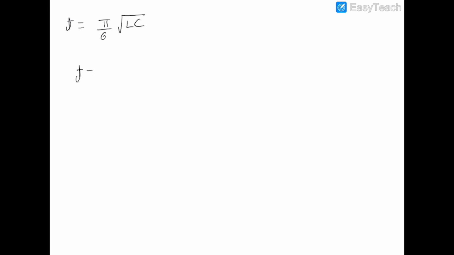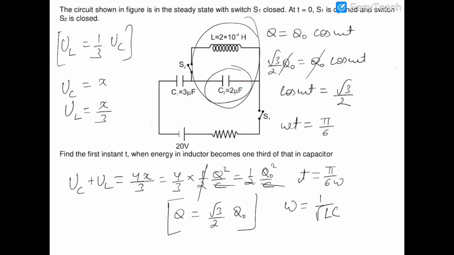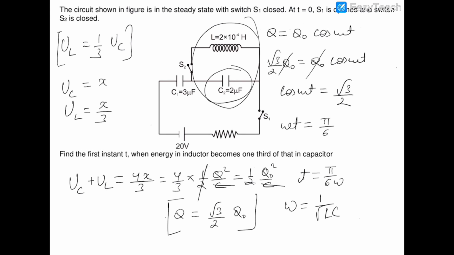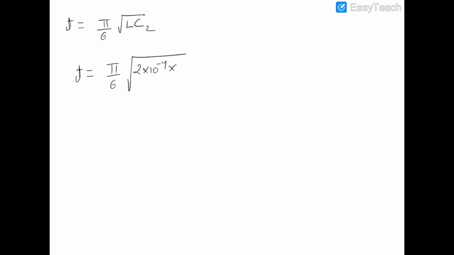So this time will be equal to pi by 6 under root, the value of inductance is 2 into 10 raised to power minus 4, and the value of capacitance is 2 microfarads, so it is 2 into 10 raised to power minus 6.